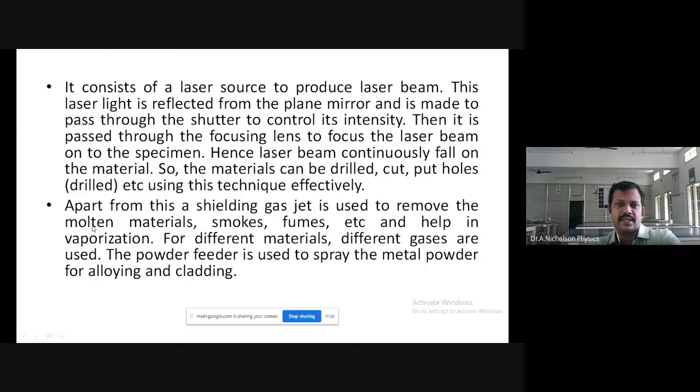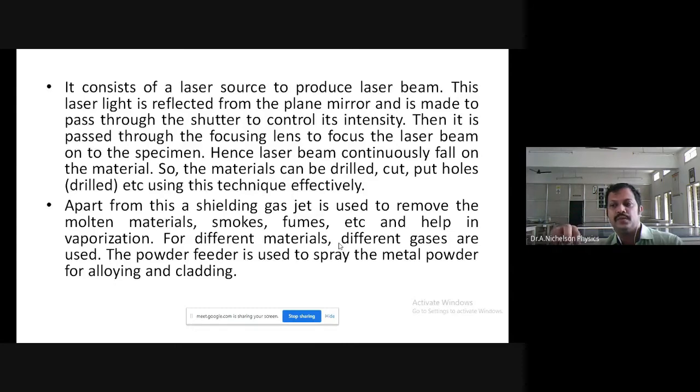So that is in the second paragraph. The shielding gas jet is used to remove the molten materials, smoke, fumes, etc. As I said, because of high intensity, it produces a heating effect. Because of the heating effect, the materials will get melted, and sometimes some residue will be there.